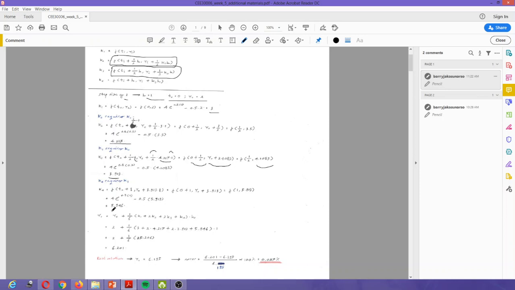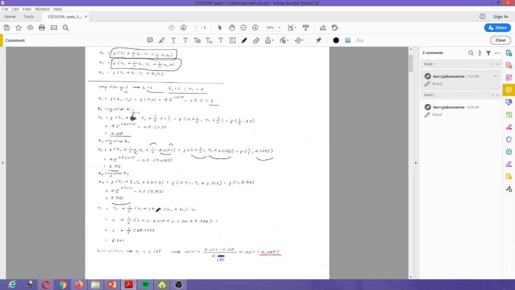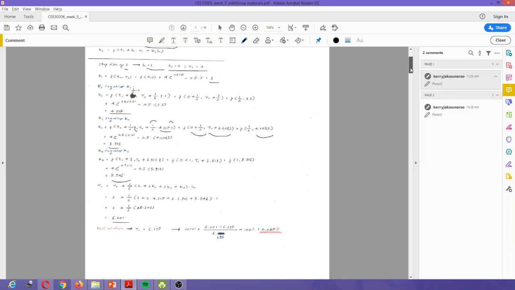K4 requires K3, and once we get all four K's, we can calculate our y1, 6.20. Then we have the analytical solution already derived in our previous example, and we get y1 equal to 6.195.